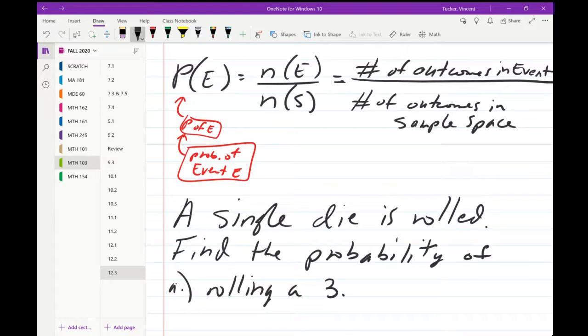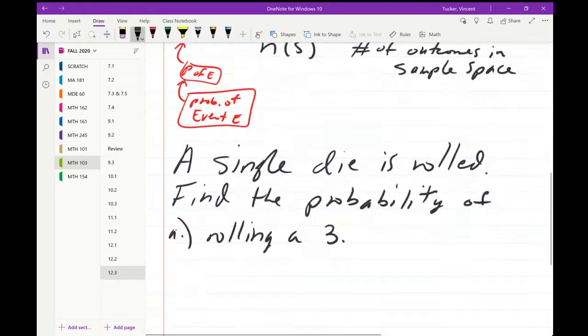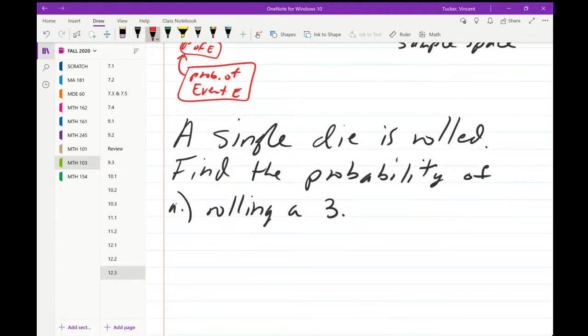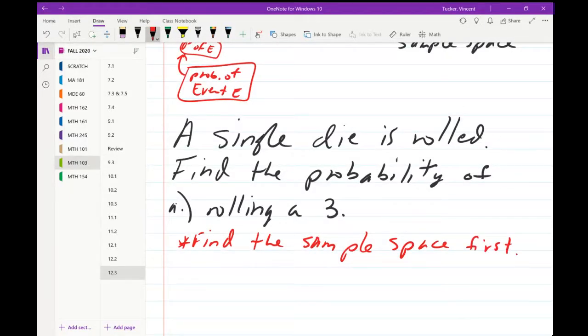All right, so a single die is rolled. What is the probability of rolling a 3? We talked about in 12.1 the sample space, the event, and what an experiment is.